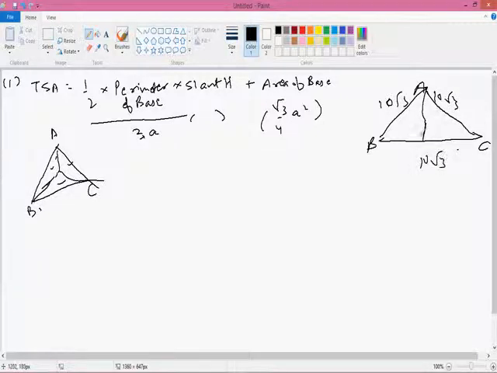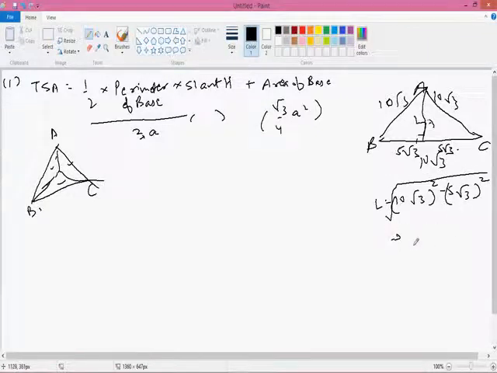The altitude will bisect the other side, so it will be 5 root 3, and this will also be 5 root 3. So what will be the length of this L? This L will be the square root of 10 root 3 whole square minus 5 root 3 whole square.